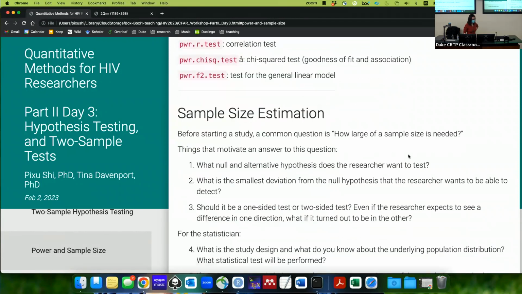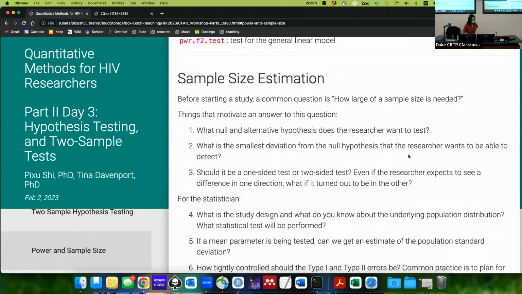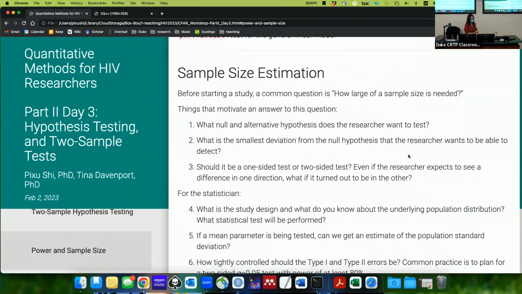For the sample size calculation, we'll use the same function. But it is very important, like we did for the power calculation, you need to know what test you use, whether you're doing a two-sample test, a two-sided test, one-sided test, equal variance test, unequal variance test.